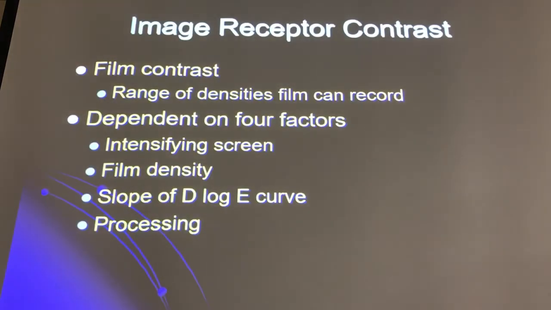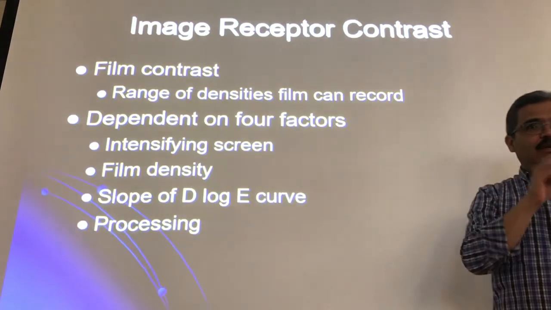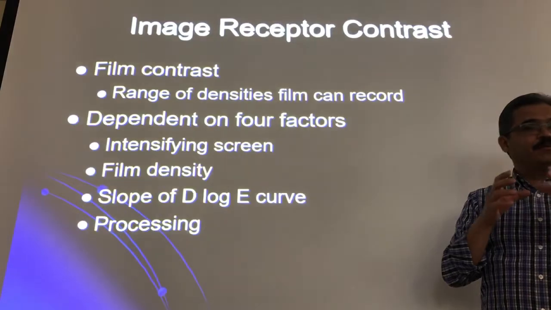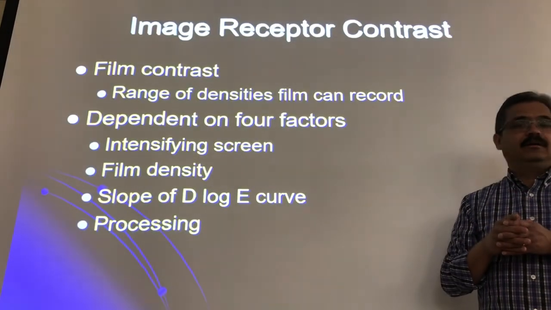All right, so the intensifying screen, and the film density: how was your film designed? Remember when we studied the manufacturing of film, we looked at the size of the grain. Was it tabular? Was it irregular in shape? That will determine it, and how many grains you put per given area.